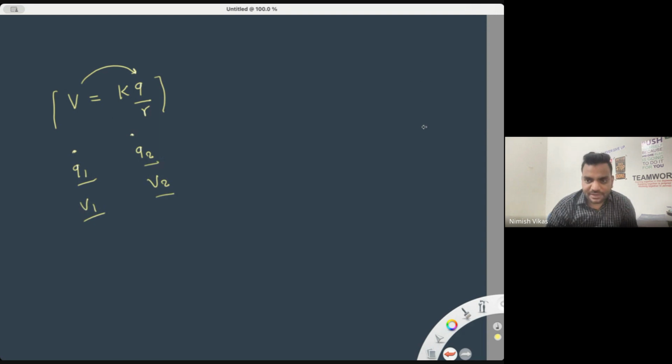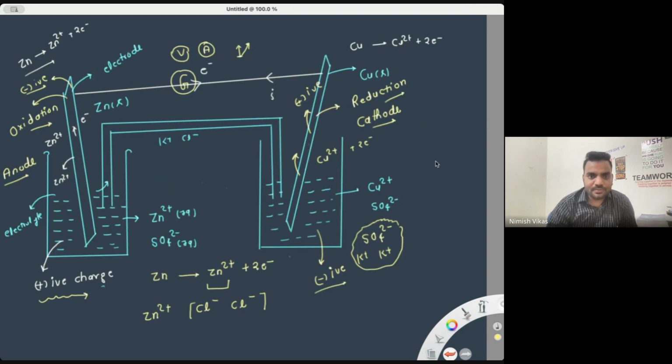So the same thing we can apply here. We are seeing that our electrode is negatively charged here and the electrolyte is positively charged here. So electrode and electrolyte both have different potential.